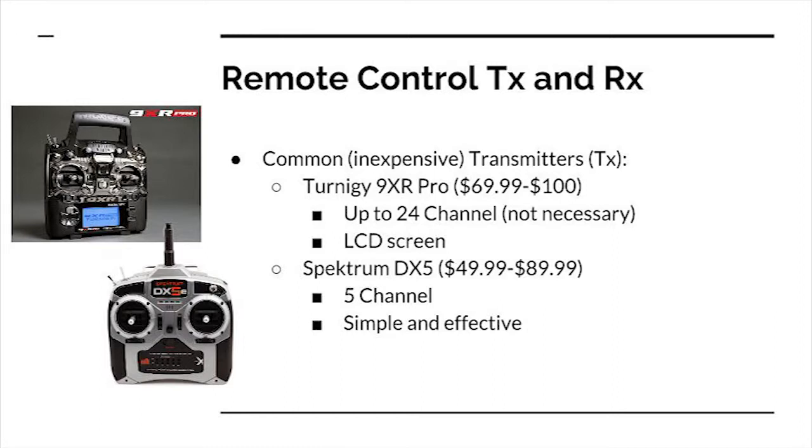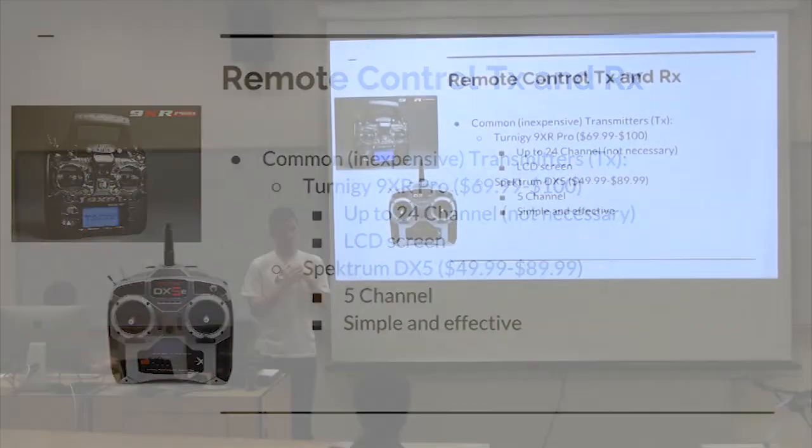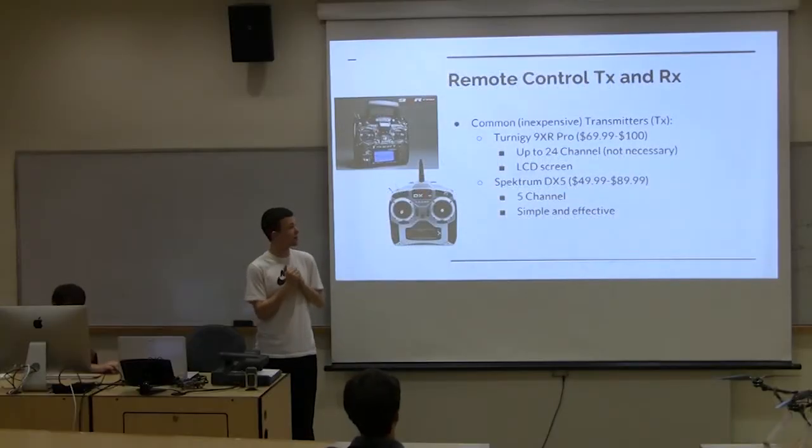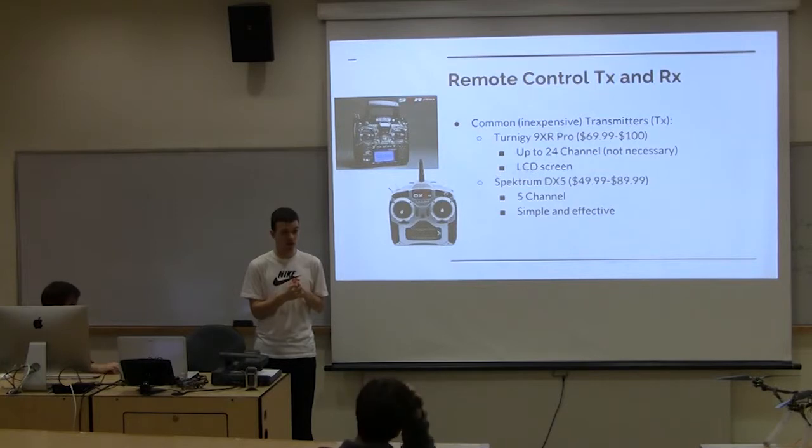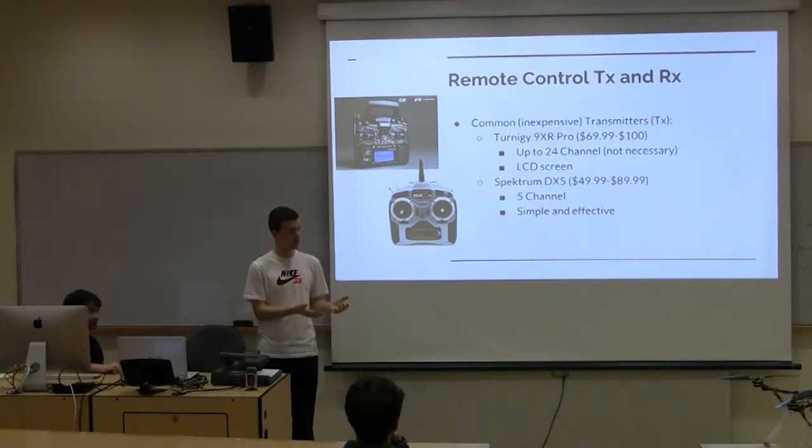We recommend these because they're going to cost you below $100. They're going to give you a reliable means of flying your quadcopter, and some of the other ones, like the FrSky that we run on that one, go upwards of $250, and that's probably going to be more than your quadcopter costs in and of itself. So we wouldn't want you going that route.